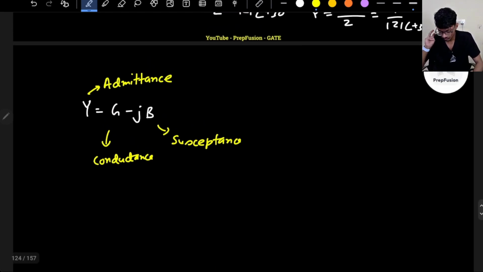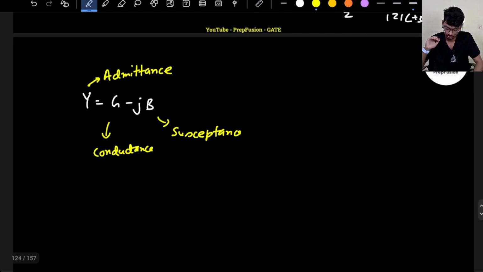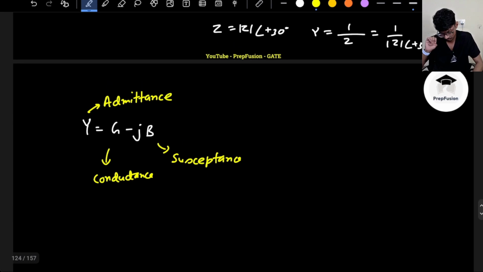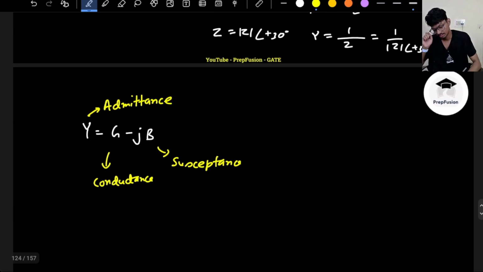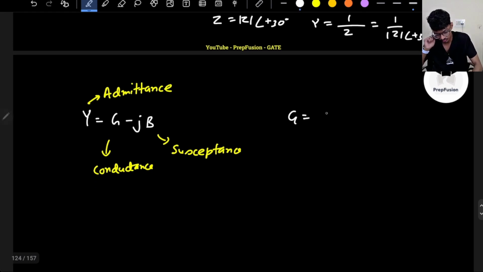What is the question? In the very first lecture, if you remember, I told you that conductance is not equal to 1 by R; it equals 1 by R only under certain conditions. Of course, the conductance value will change depending on the circuit.